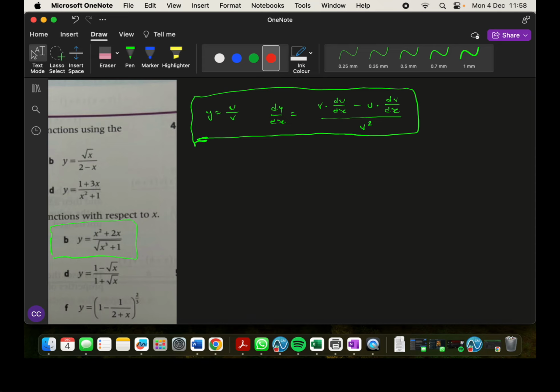So just so we lay things out, my v is the square root of x cubed plus 1. My u is x squared plus 2x.